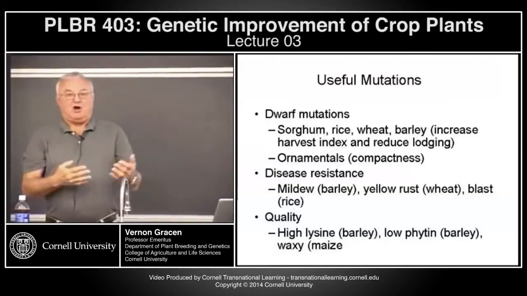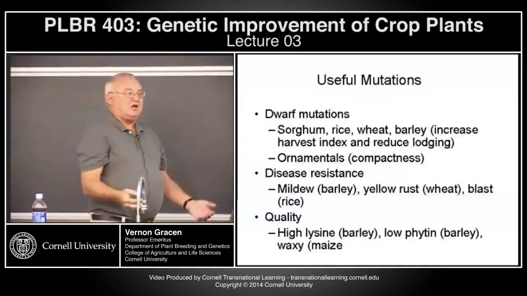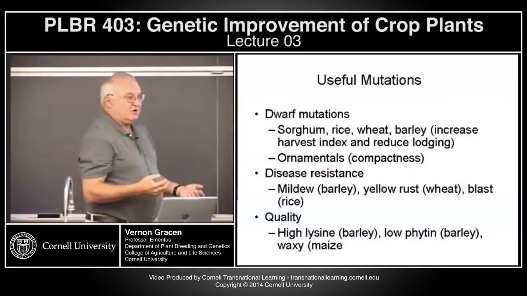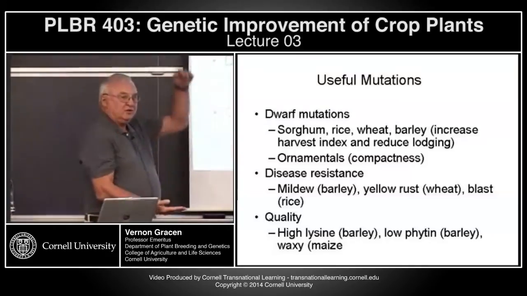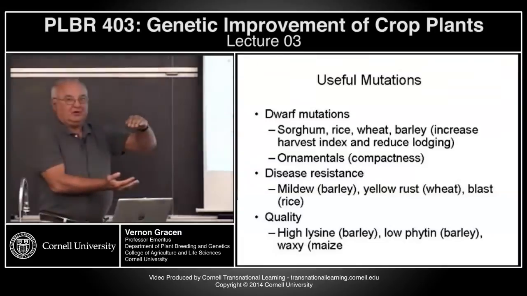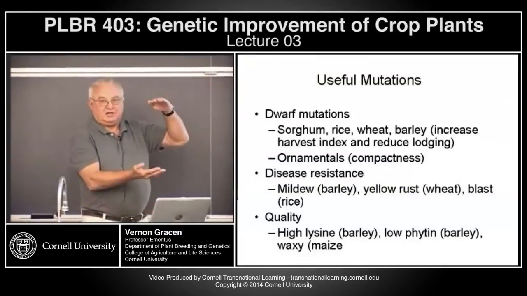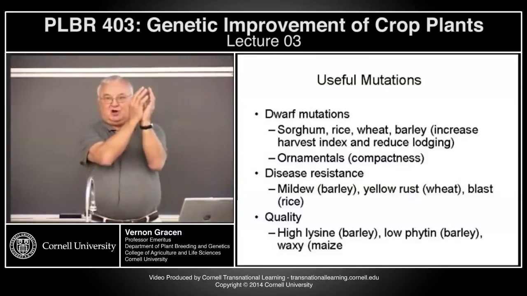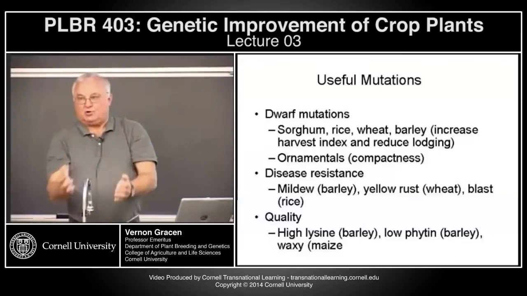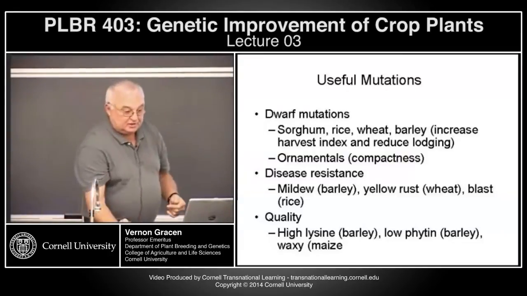And so the harvest losses, or the pre-harvest losses due to lodging for all of those crops, can be tremendous. You put in the dwarfing genes and you get a much higher harvest index. The grain that you harvest is a much larger percentage of the total plant, and so the mutations work.